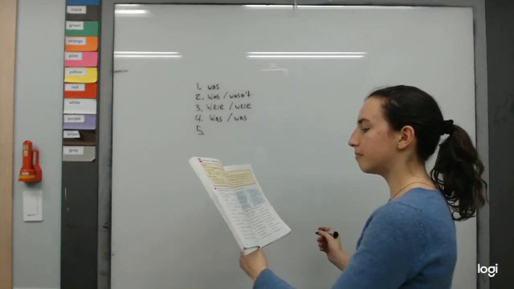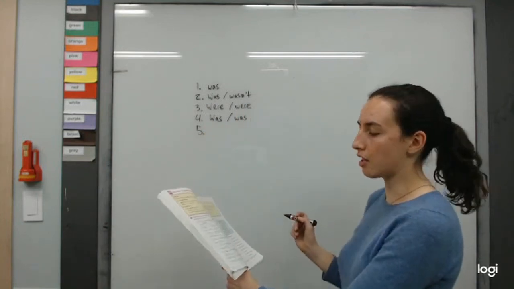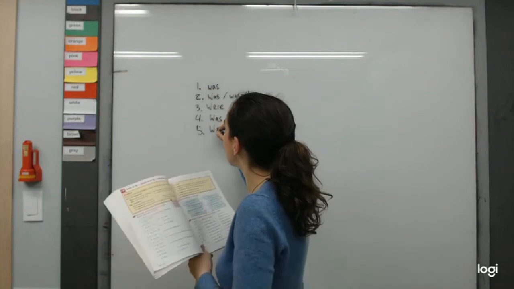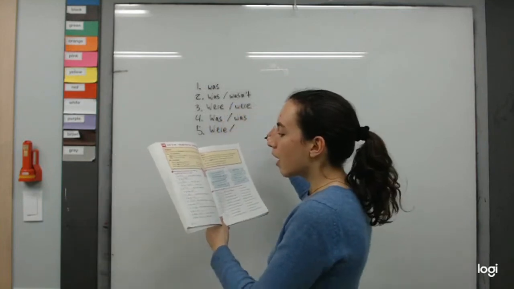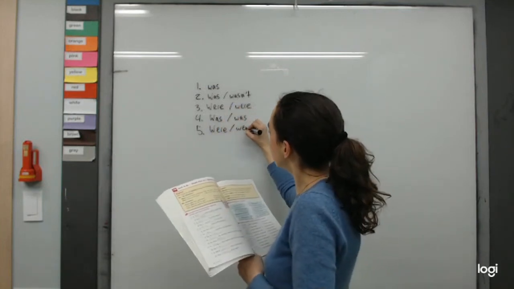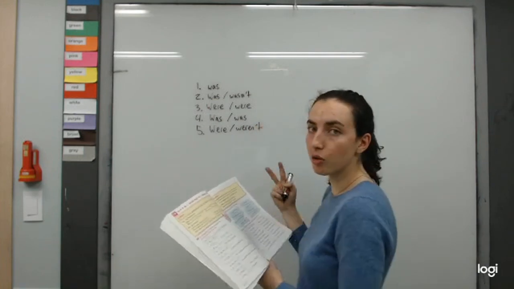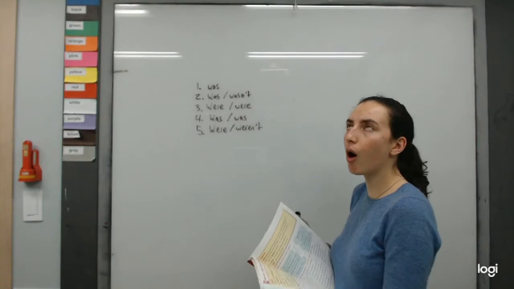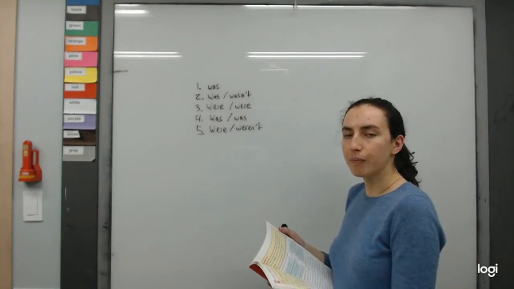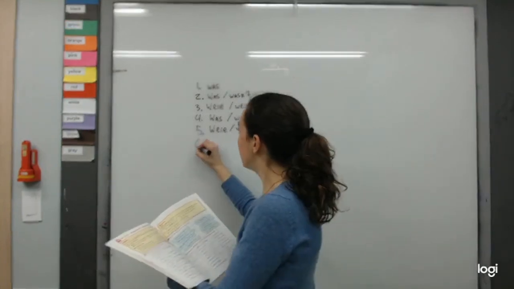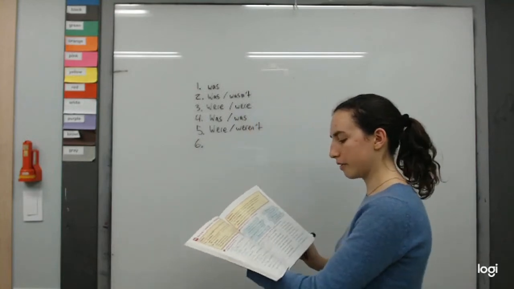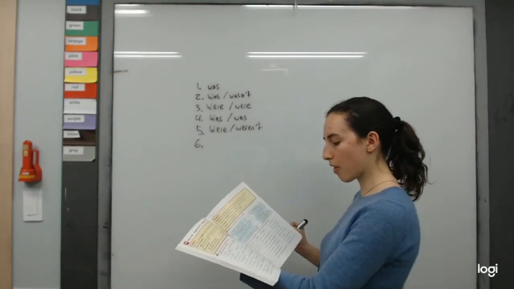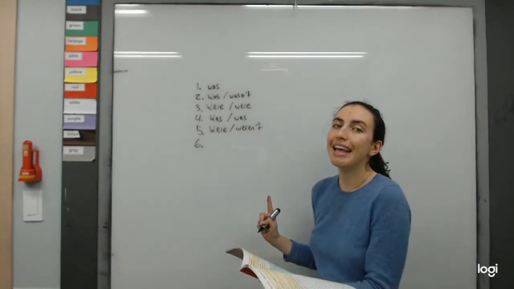Number 5. Mr. and Mrs. Jones in London last week. Were Mr. and Mrs. Jones in London last week? No, they weren't. And Mr. and Mrs. Jones, 2 people, were. Okay? More than one person, always were. Okay, so number 6. Was the weather good over the weekend? The weather is it.